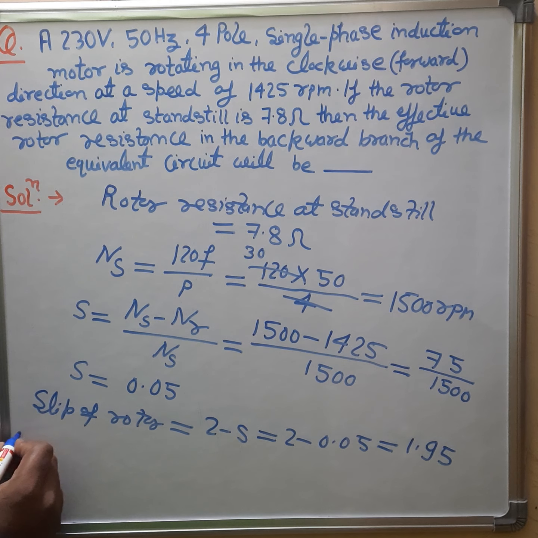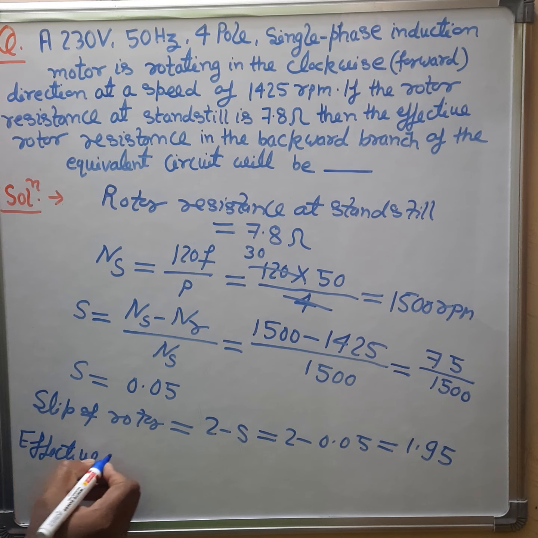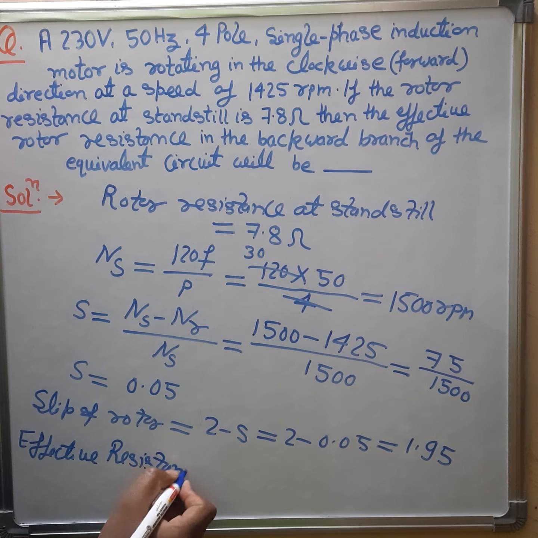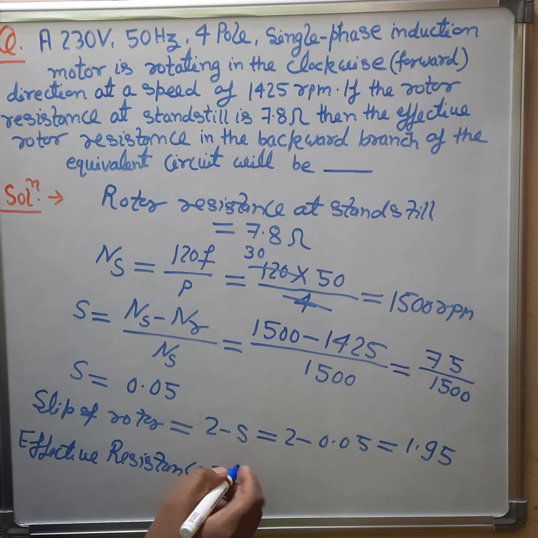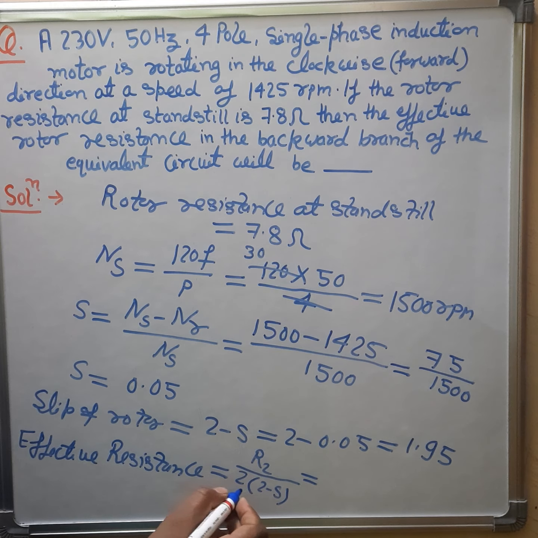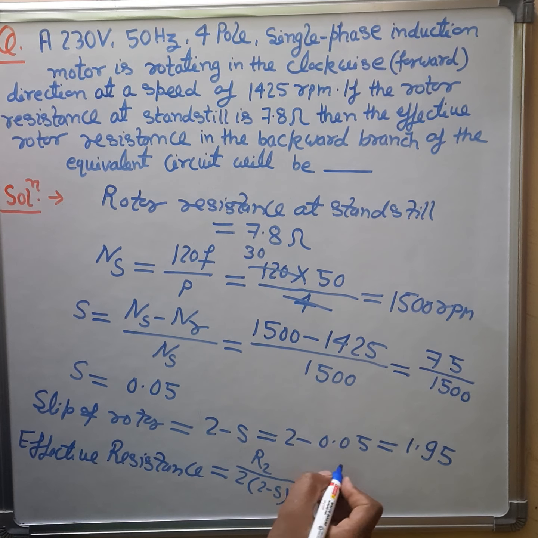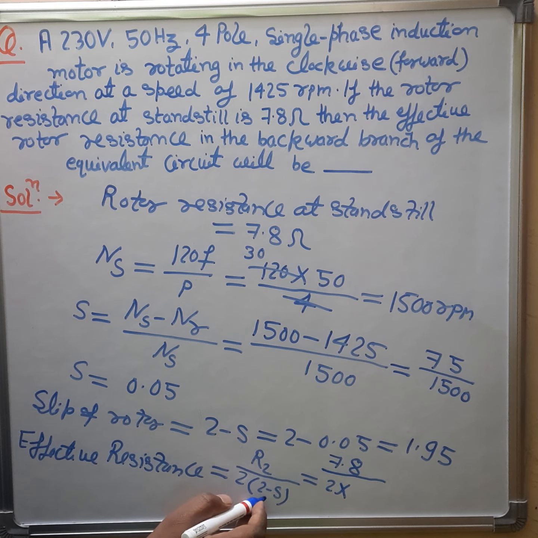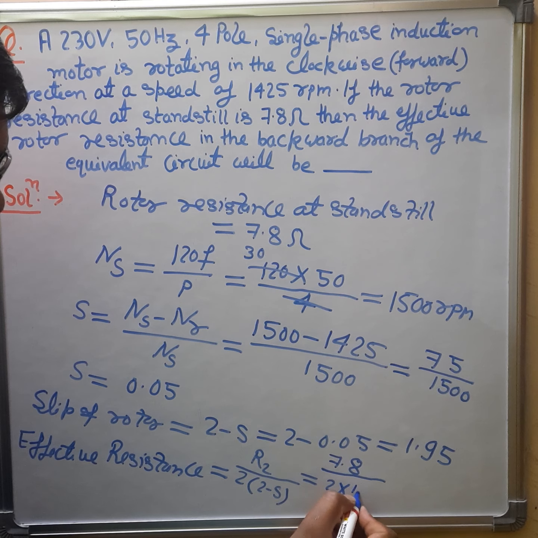Then effective resistance is equal to R2 divided by 2 into 2 minus s. Then R2 is 7.8 ohm. 7.8 divided by 2 into 2 minus s. 2 minus s is 1.95.